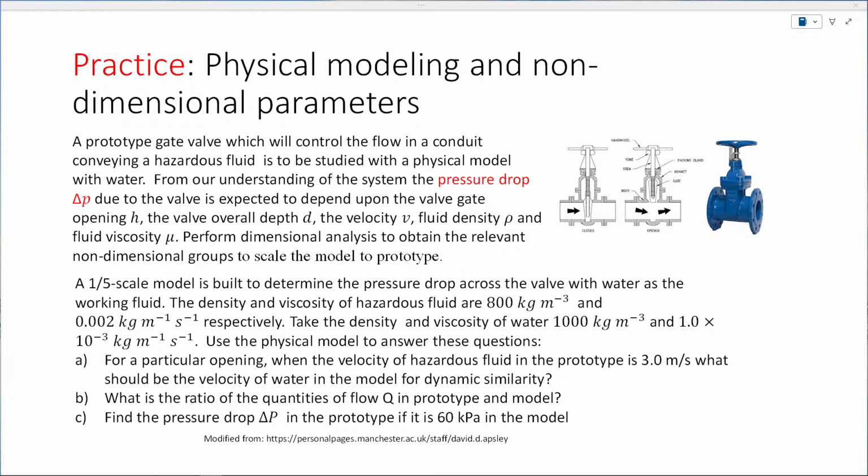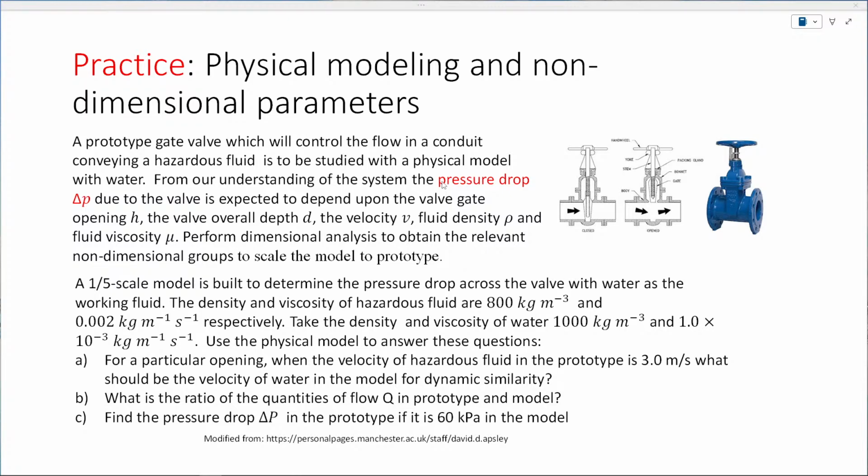The problem here is already defined for you. Remember, the first step in these problems is to identify the relevant parameters that control this physical phenomenon. In this case, the dependent and independent variables are already defined for you.